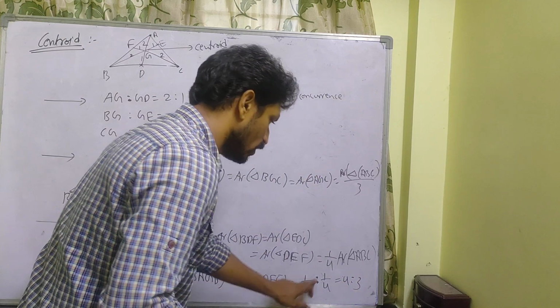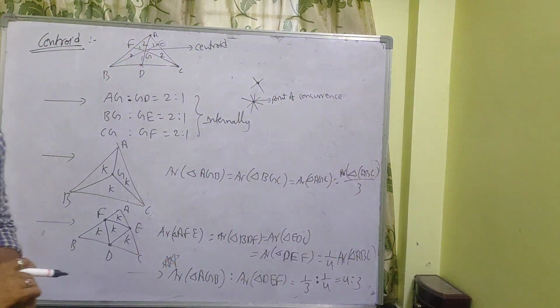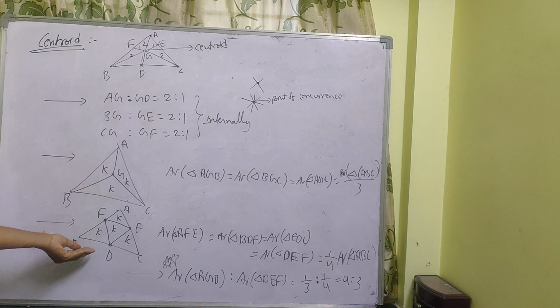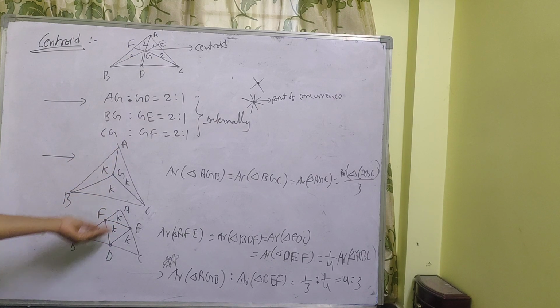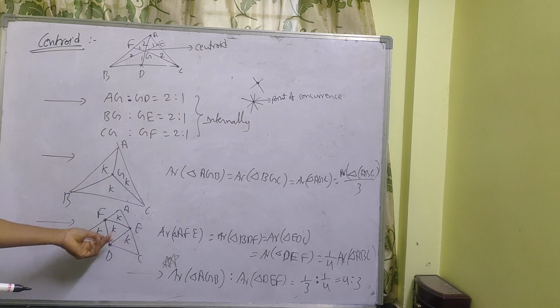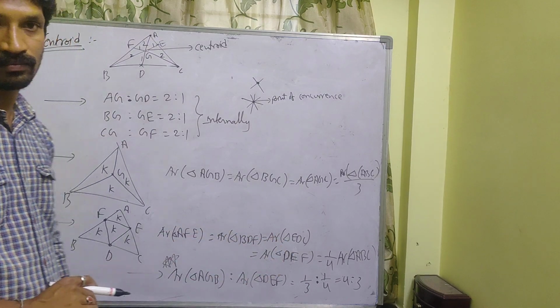So the area of triangle AGB is to the area of triangle DEF, or the area of triangle AGC is to the area of triangle DEF, whichever triangle you take, the ratio of these areas is nothing but 4:3.